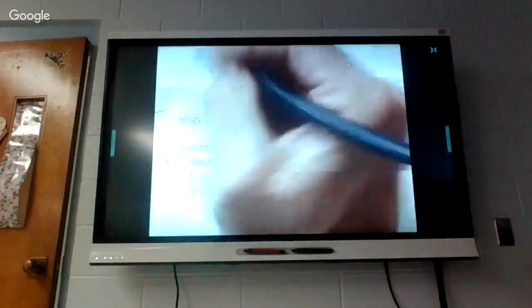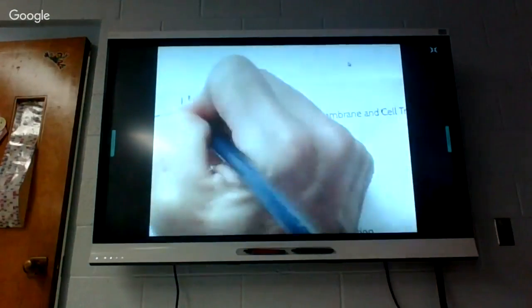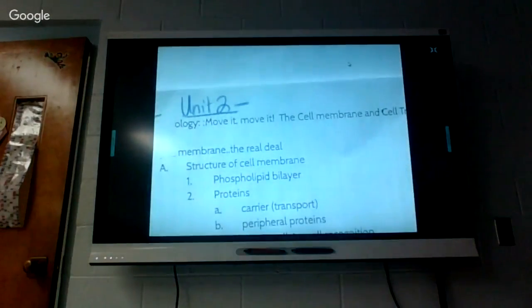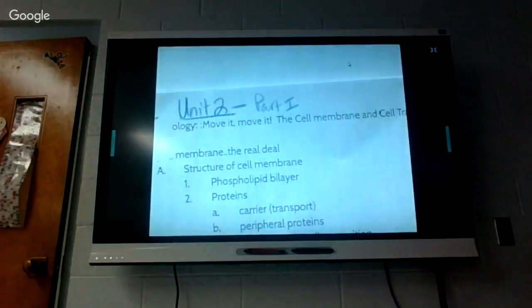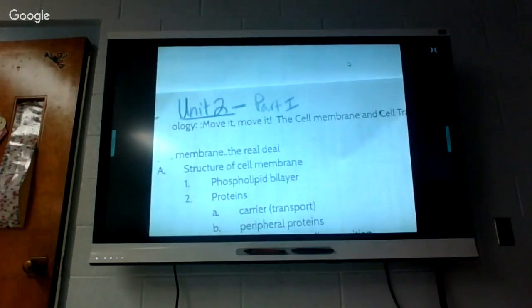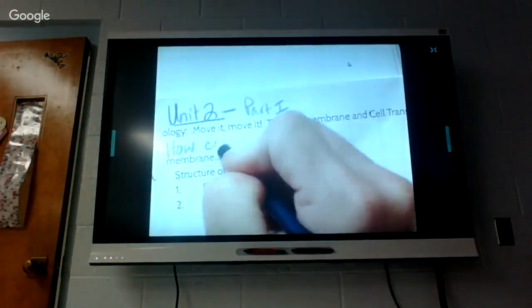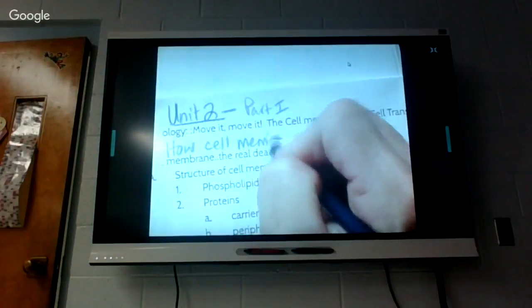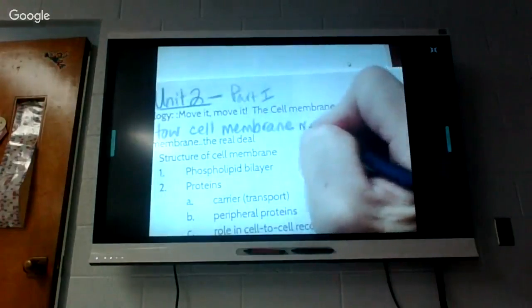The cell membrane, so this is still unit 2. All right, so this is just part 2. Part 1 was that first packet and all the structure and function, and now we're going to talk about how the cell membrane maintains homeostasis.